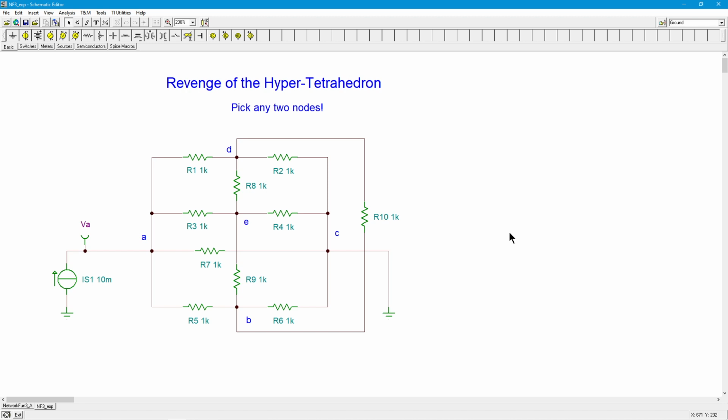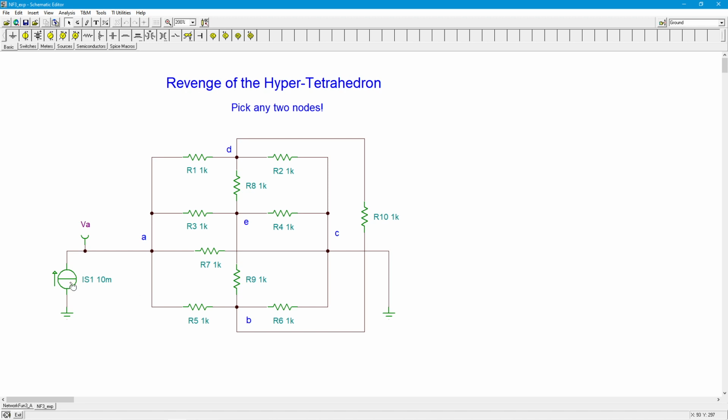Okay? All right. So now comes the triple fun part, or maybe it's the four-dimensional fun part, and that is we're going to connect up a current source and a ground. Now, I have arbitrarily chosen node A and node C. It turns out you can pick any two nodes, and you're going to get the same result.